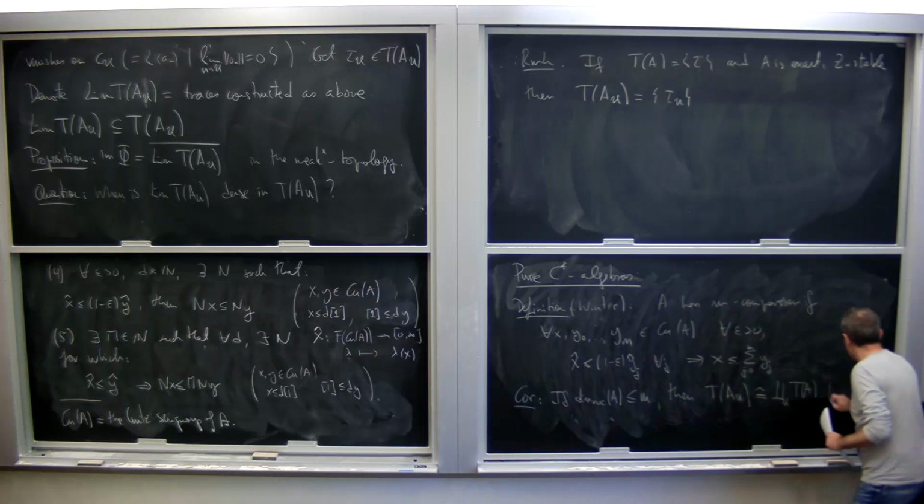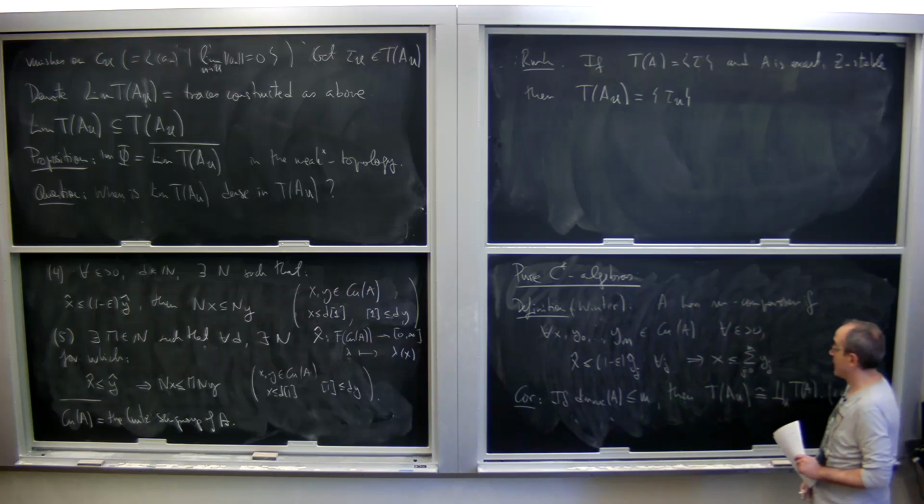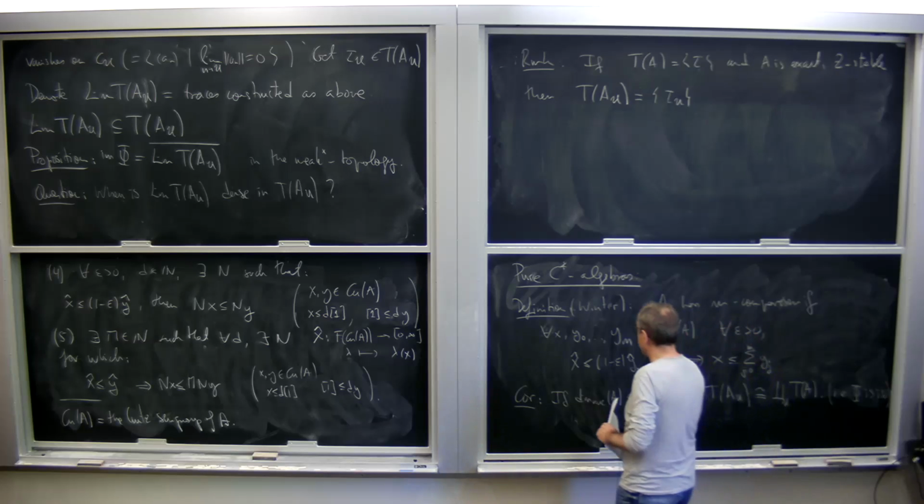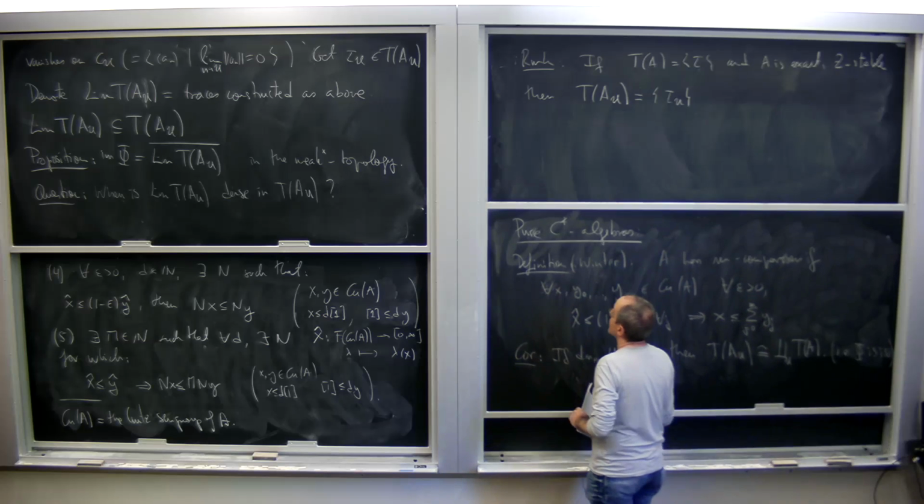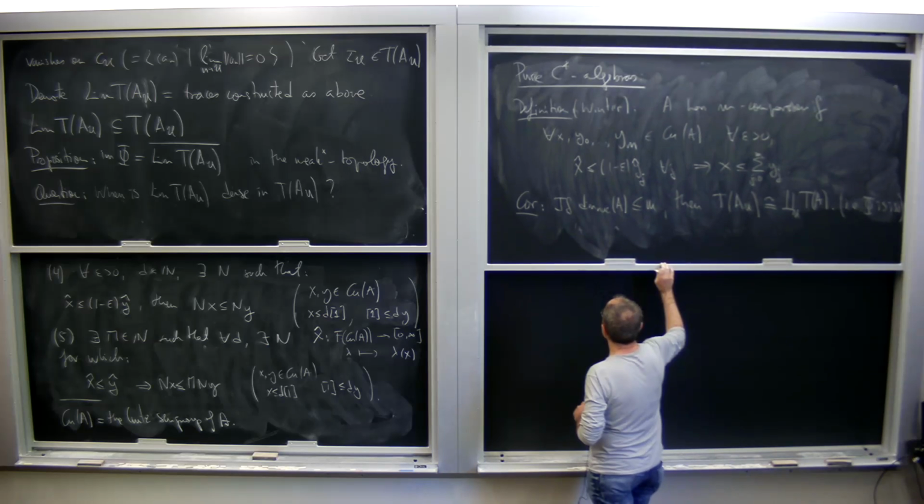In other words, phi is an isomorphism, right? So how does one show this? That's at least something one can write.